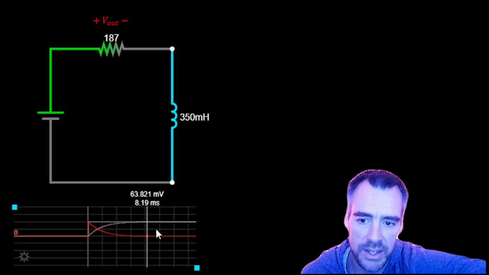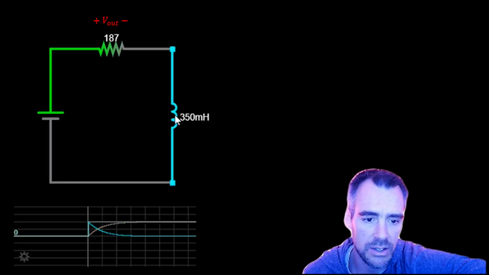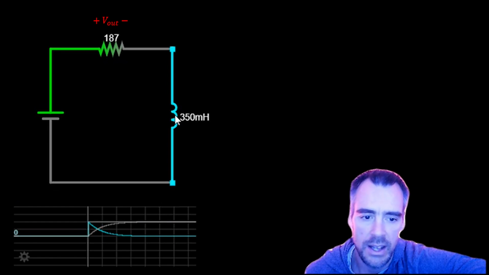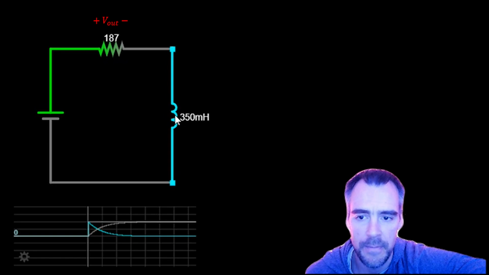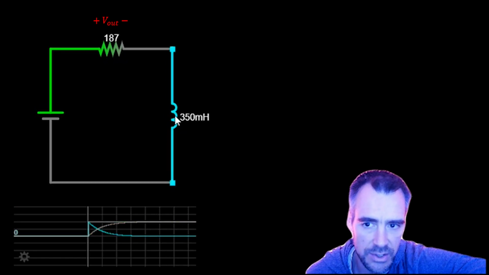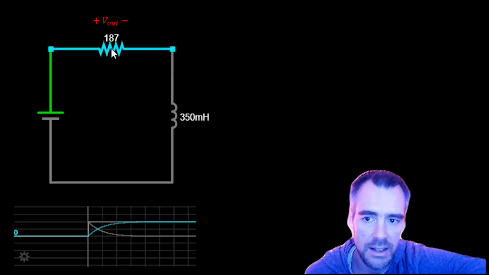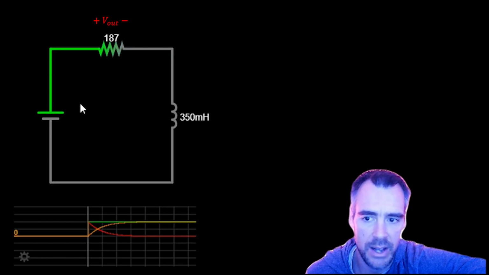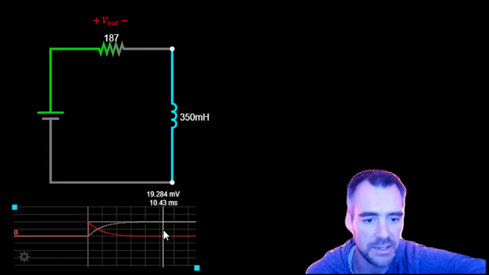You can think about it: when the voltage across this inductor goes to 0, because that inductor is becoming like a short circuit, then based on Kirchhoff's voltage law, the voltage across this 187 ohm resistor has to go to 5 to balance out that battery. It has to be the opposite to balance it out.